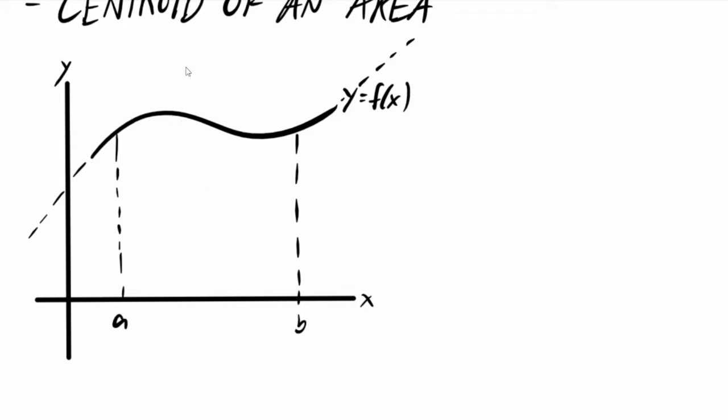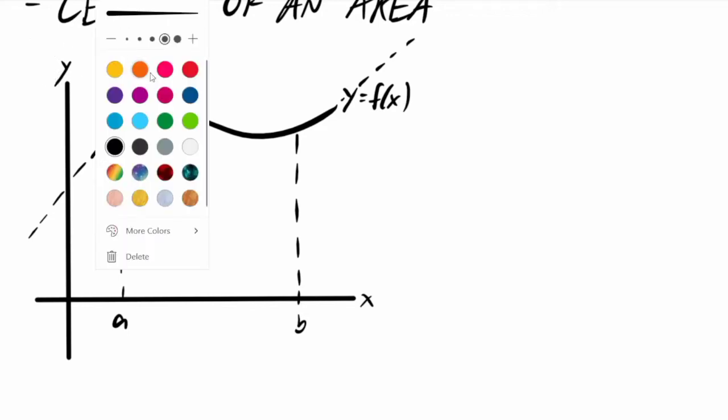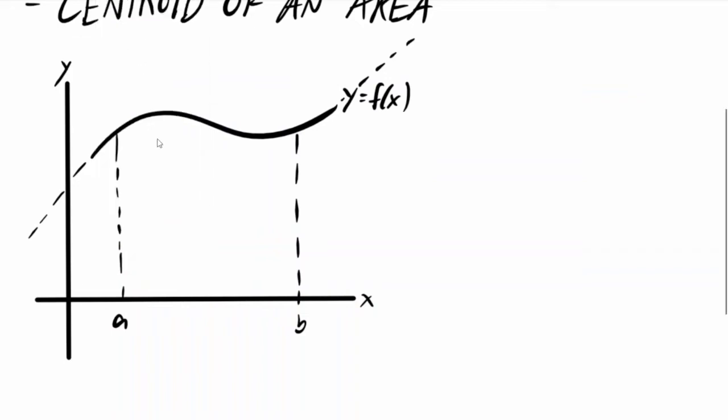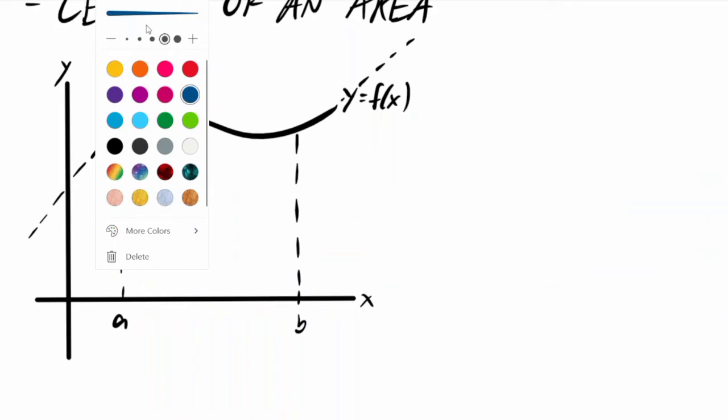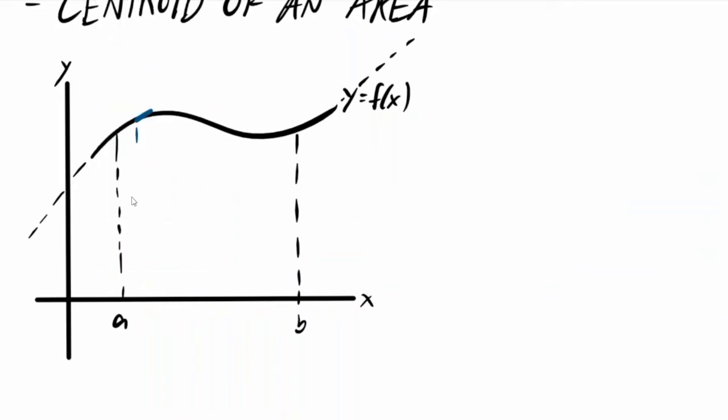Now to solve for this, we must first put a strip here. This is going to be our strip. Let me change the color. Let's have blue. This is our strip here. And then we add dimensions.